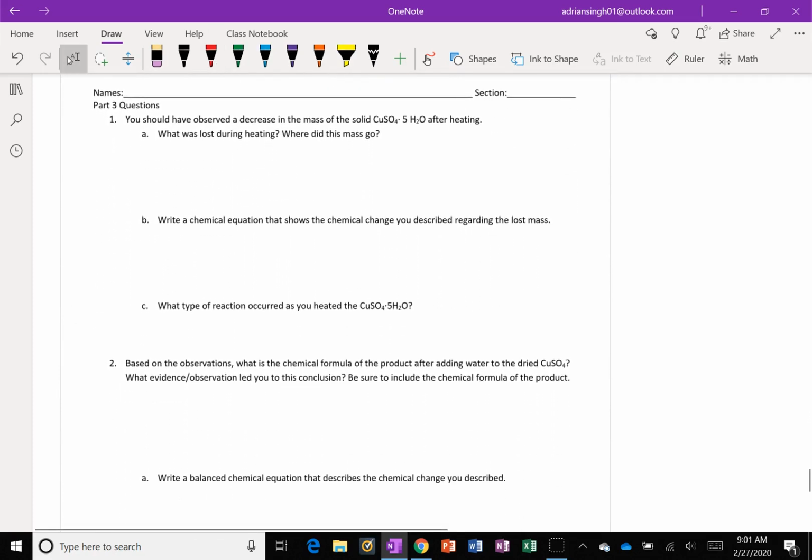In part 3, remember that's the one where you heated the blue copper sulfate hydrate. All right, this was a blue solid that you heated, and you should have observed a decrease in the mass, right? So think about this compound. It looks a little weird in terms of the formula.